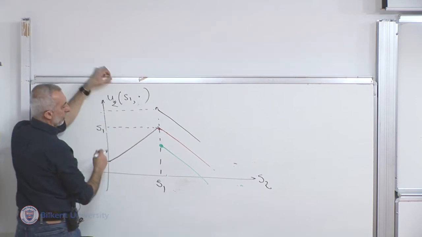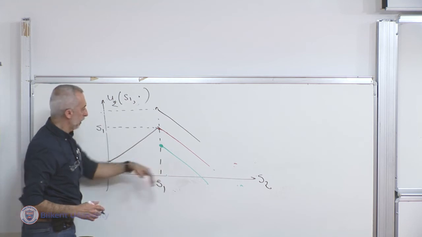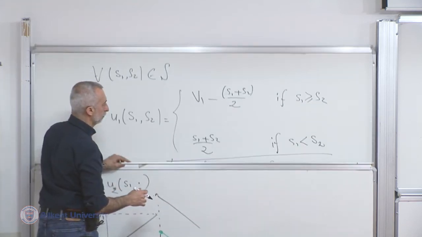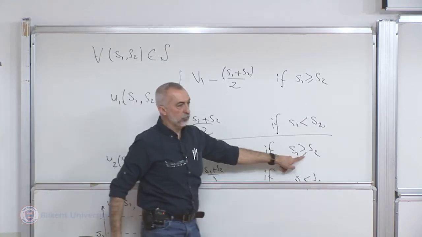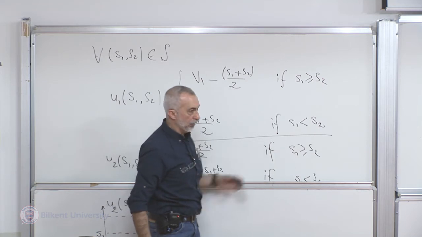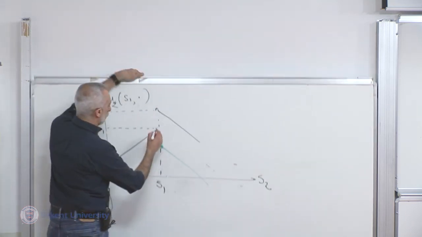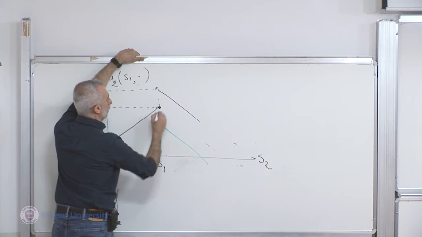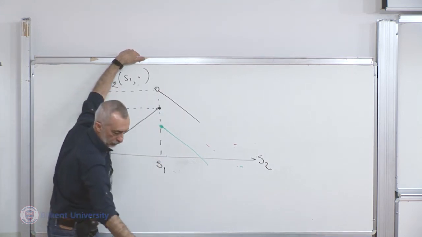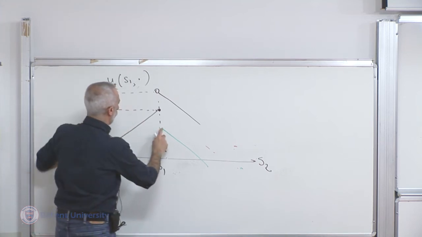And then, again, we have several cases. S2 can be equal to S1. So we have this point filled, but these points open.